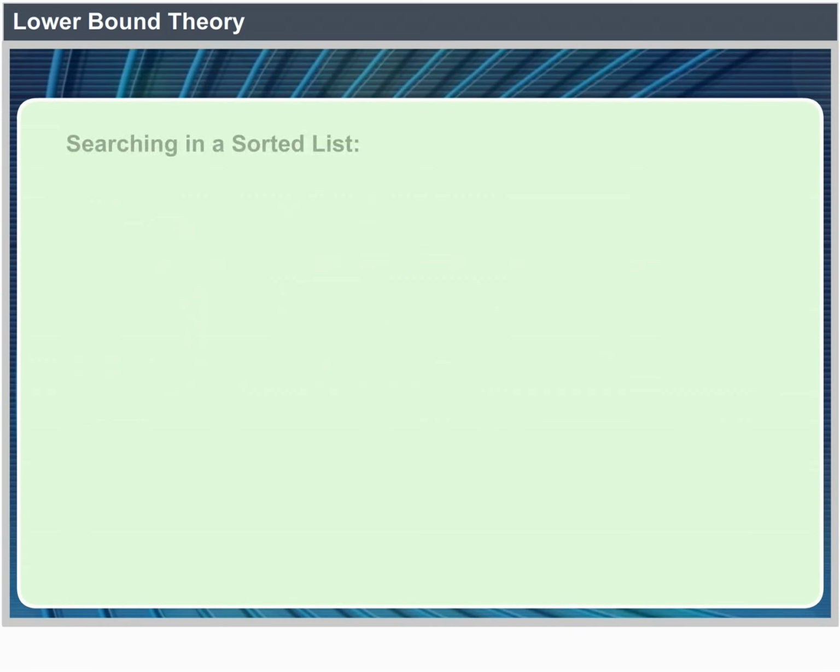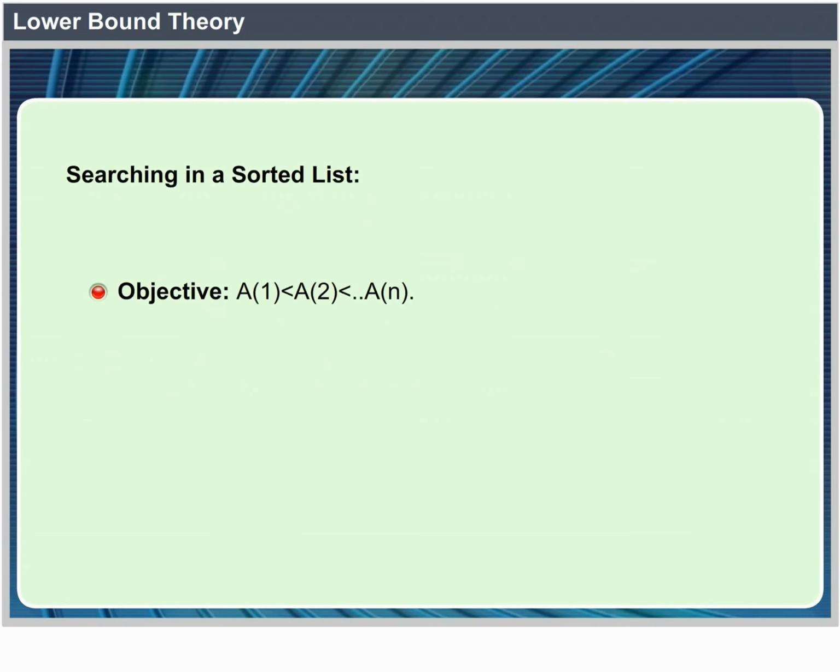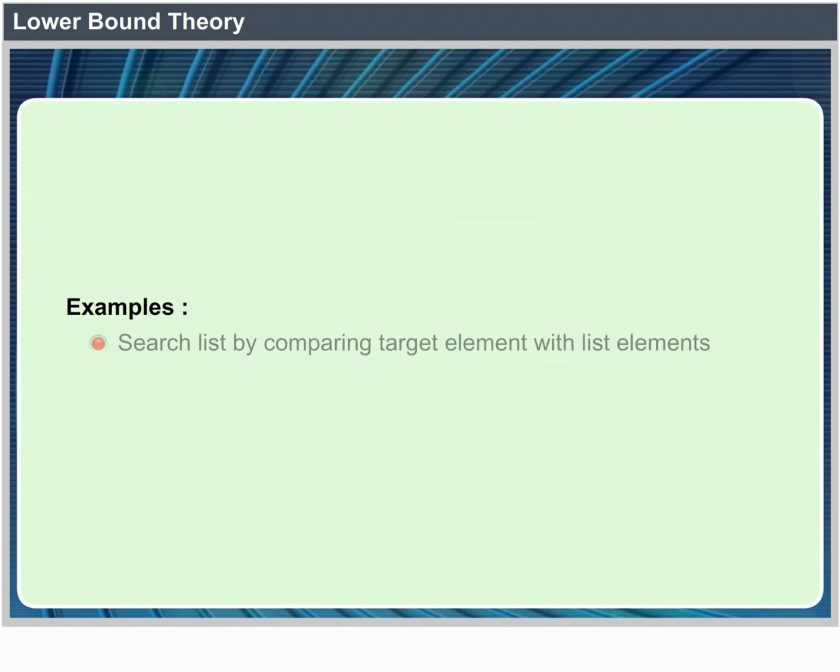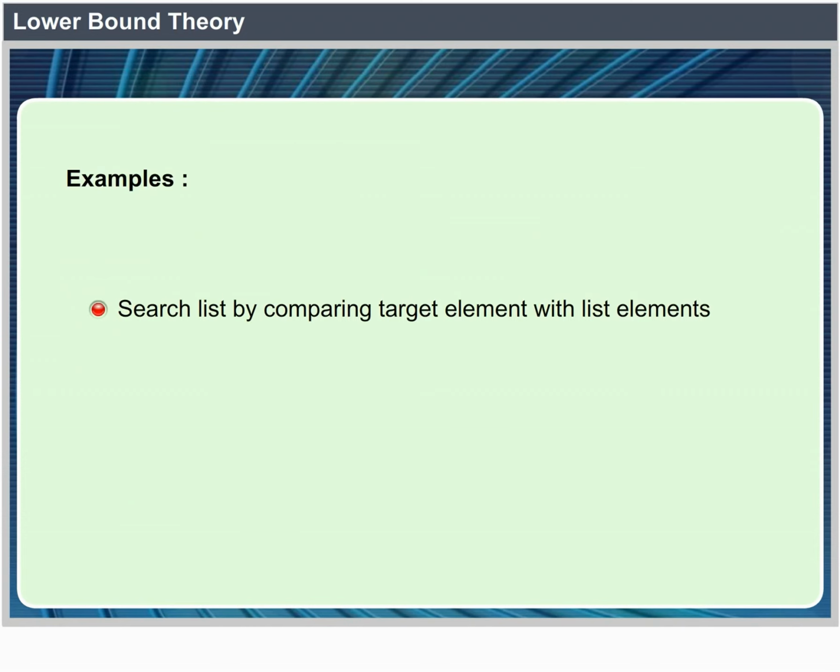Searching in a sorted list. Objective: A of 1 less than A of 2, and so on up to A of n. Examples: comparison-based search algorithms search a list by comparing the target element with list elements. Sequential search, order n.